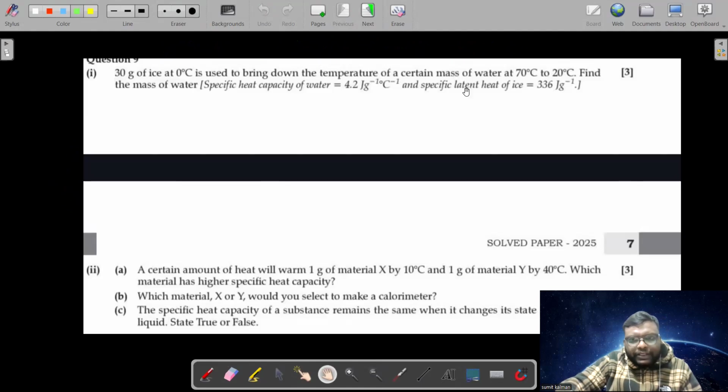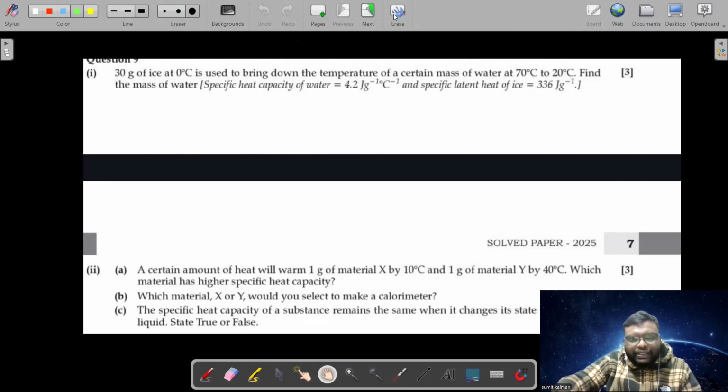Now, here, if you see the problem, 30 gram of ice at 0 degrees Celsius is used to bring down the temperature of a certain mass of water from 70 degrees Celsius to 20 degrees Celsius. Here, if the temperature of water falls from 70 degrees Celsius to 20 degrees Celsius, there will be heat lost by water.